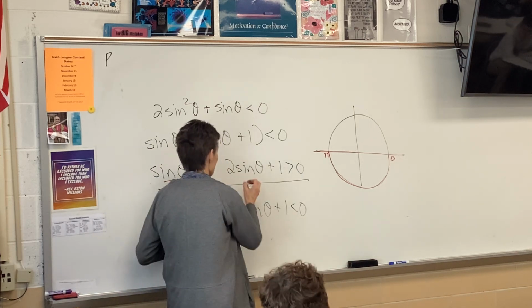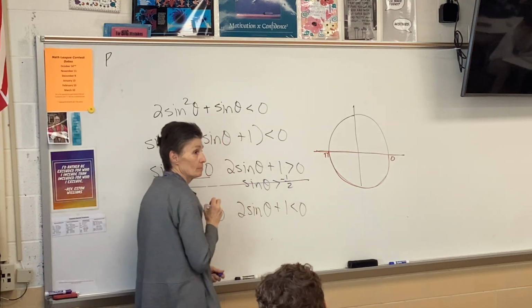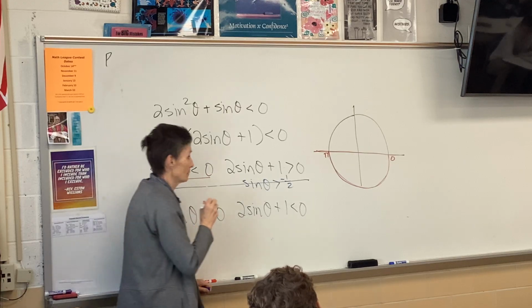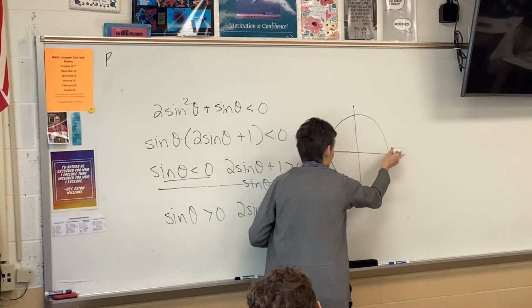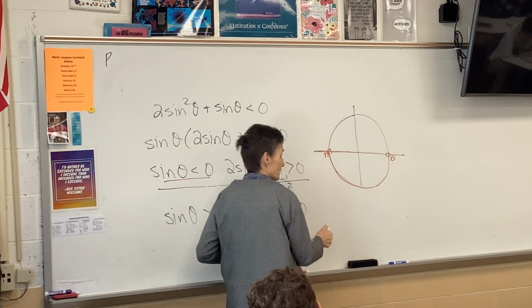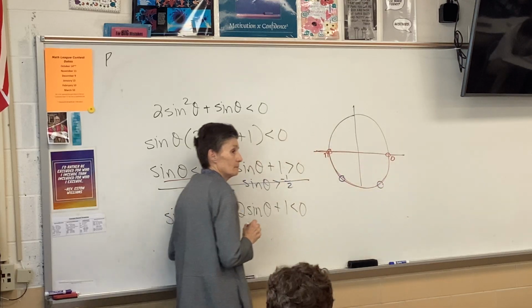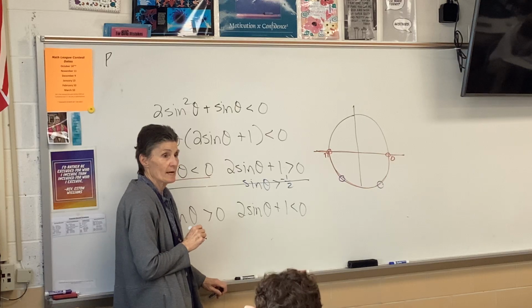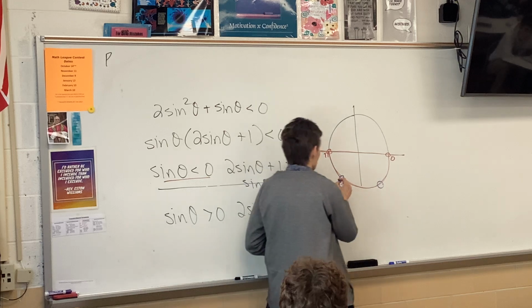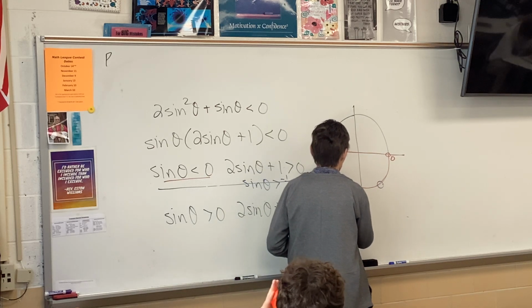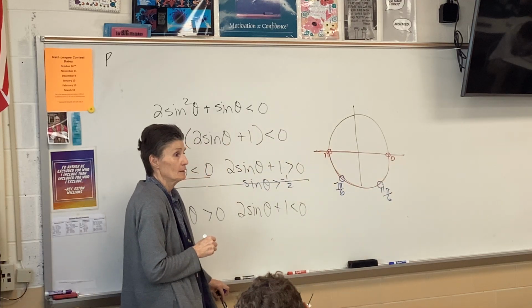Where is the sine -1/2? There should be red too. Wouldn't it be -1/2 like here and here? What are those angles? 7 pi over 6 and 11 pi over 6. I got it kind of in the wrong spot, but you got the idea, right? They're in those 2 quadrants.